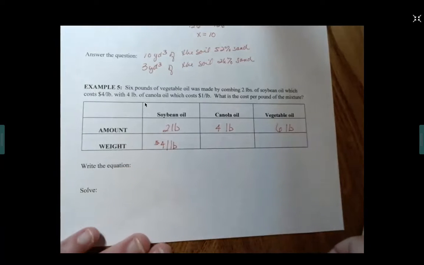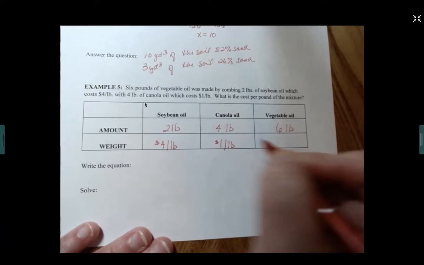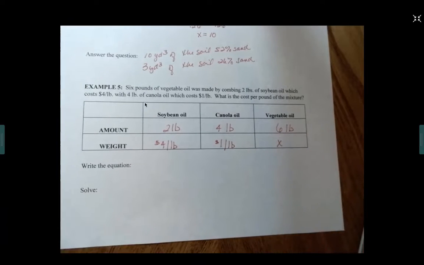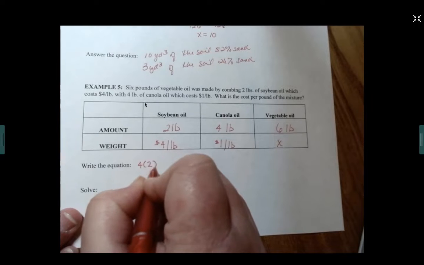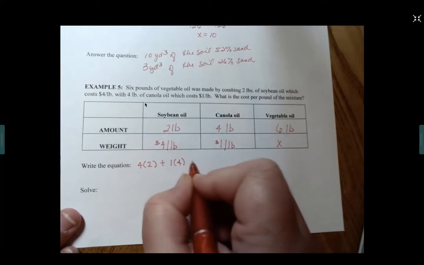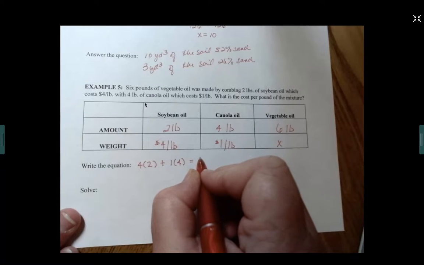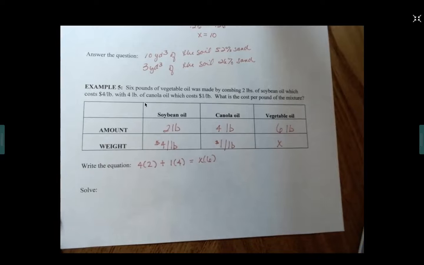The canola oil is $1 per pound. So it's asking how much the vegetable oil would be per pound. So notice that our variable has moved to a different spot now. But writing your equation is the same. It's $4 times the 2 pounds you have plus the $1 times the 4 pounds you have. And that's equal to X times the 6 pounds of solution.